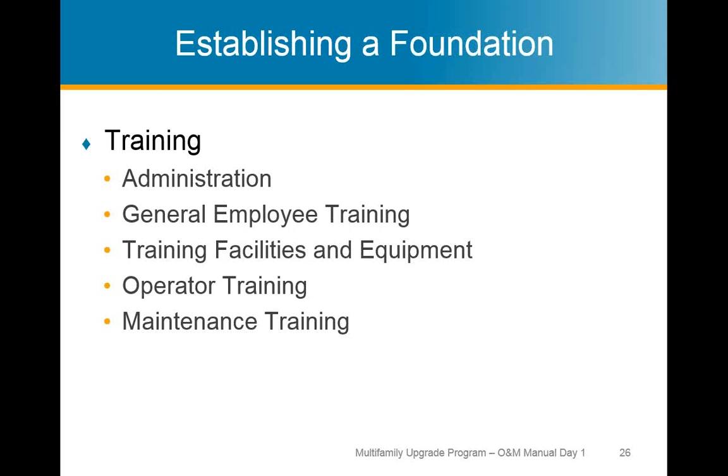Training facilities and equipment. Now, this is the one point that I think is a little more specific towards these larger programs, these larger facilities. This is a little more federal, I think, than is applicable to us. So, for multifamily buildings, I think this will be the NA, not applicable most of the time.